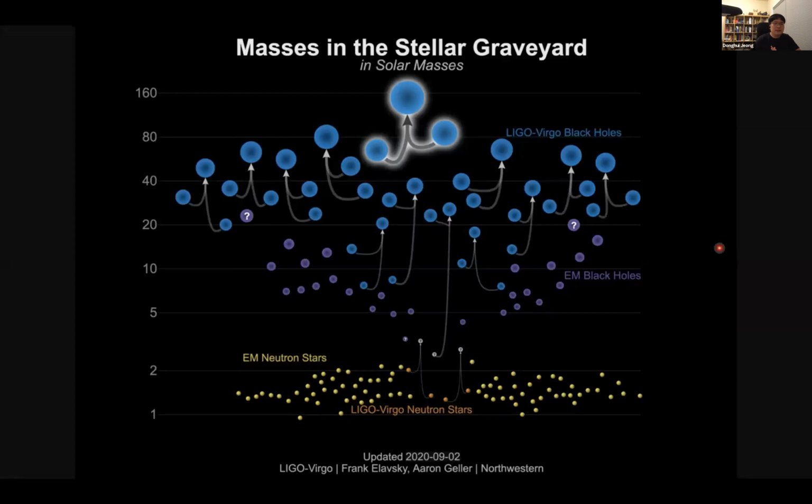So this is the summary plot of LIGO Observatory's detections as of last week. The LIGO Virgo collaboration updated this list, and I think Hyung Mook, the next speaker, may have something to tell you about that. Here, I'll focus on one event.